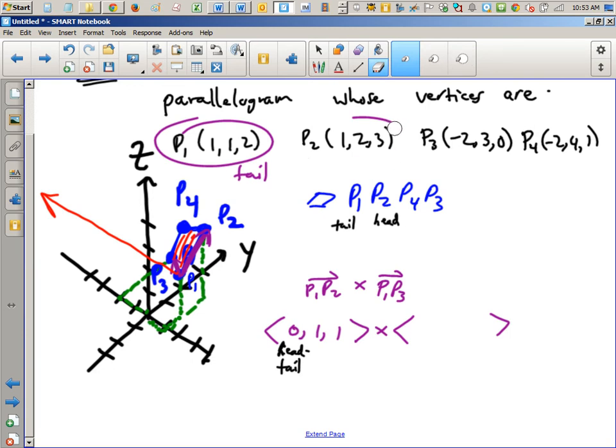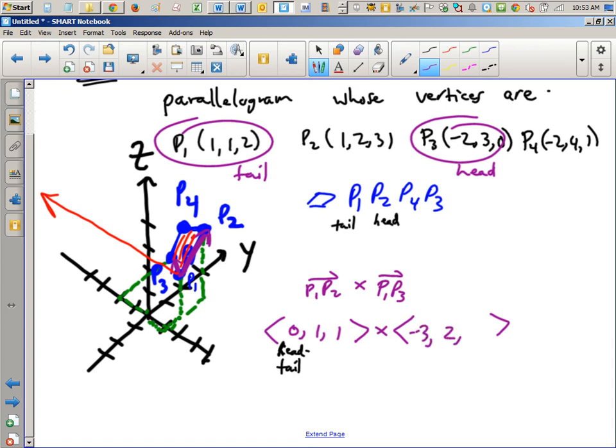Be careful here. P3 is actually the head. But we are going to do head minus tail. So negative 2 minus 1, 3 minus 1, 0 minus 2. So this is always head minus tail for every one of these 6 calculations.